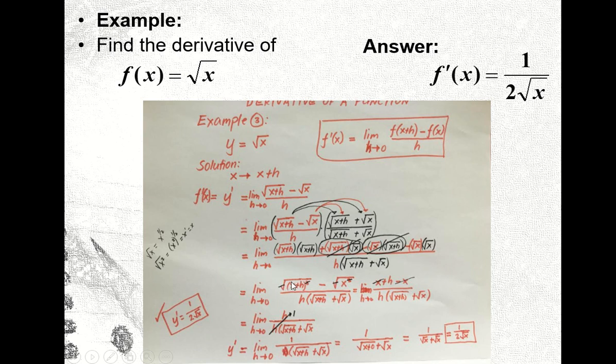Or it's just like having x plus h squared, then raised to the power 1/2. So the rule is, if you have 2 exponents, you just multiply the exponents. So 2 times 1/2 becomes 1. So you have x plus h, okay? So no more square root, no more square.